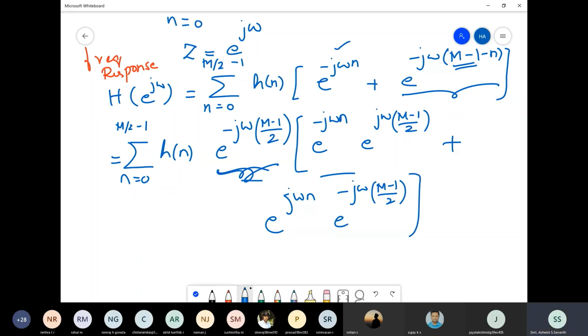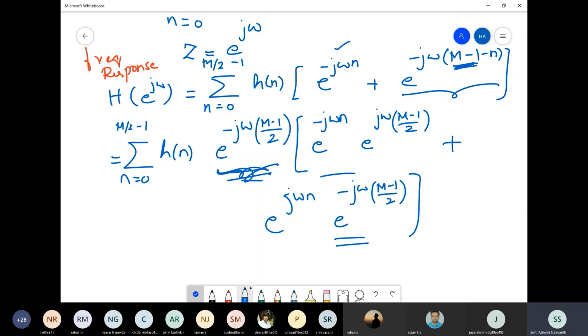Now check, if you multiply these two terms, you get e power minus j omega into (M minus 1). I hope that is fine for everyone. So why are we doing this? Because we want to write this in the polar form. That's the reason we are going to write it in this way.